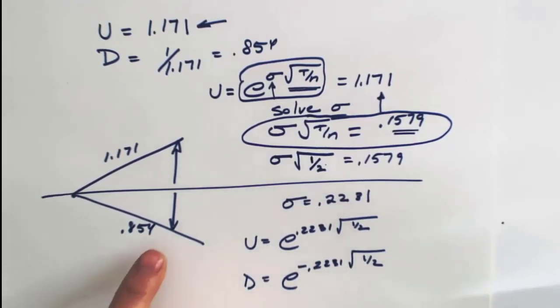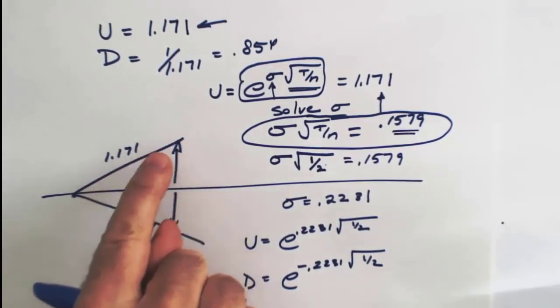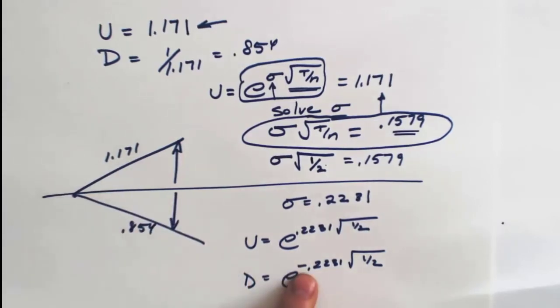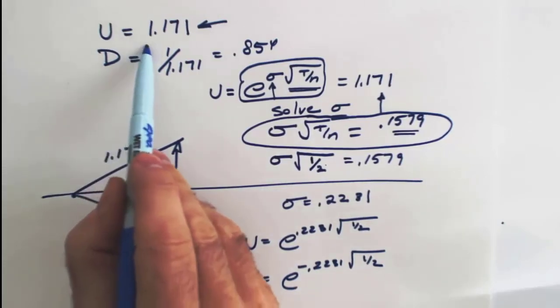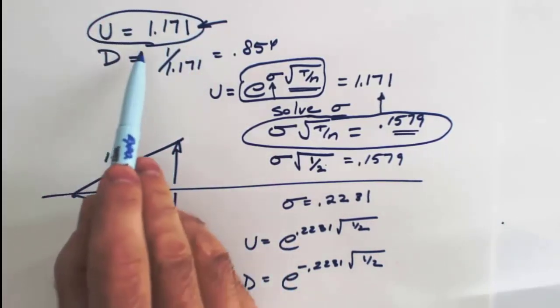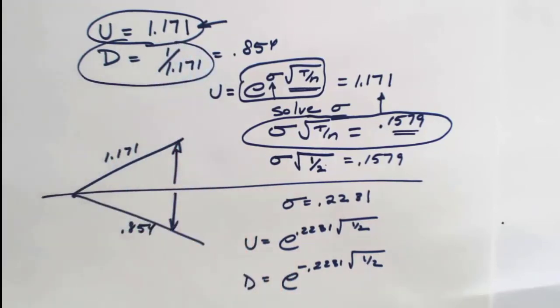And so, as I said, the size of these up movements and the size of the down movements are a function of this volatility that's built in. So I introduced the U and the D. I just gave you the numbers, but now I'm giving the intuition that the size of those ups and downs are a function of the volatility of the underlying stock. So keep that in mind. The volatility of the underlying stock is 22.31%.